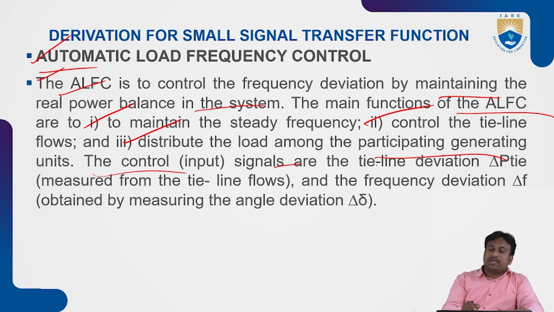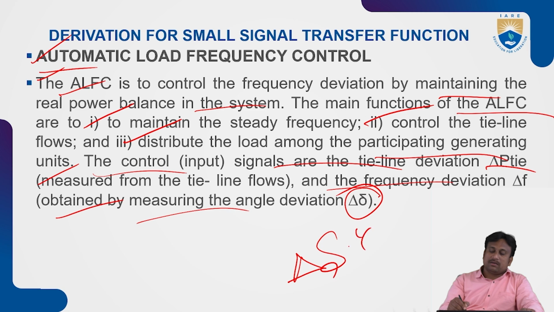So the control signals are the tie line deviations, that means delta P tie line, which is measured from the tie line flows. The frequency deviation, delta F, is obtained by measuring the angle deviation, delta delta.